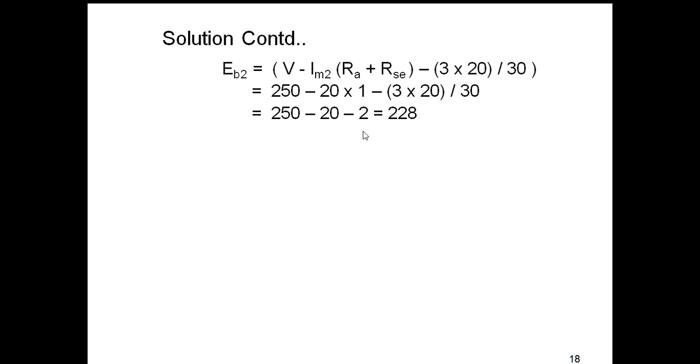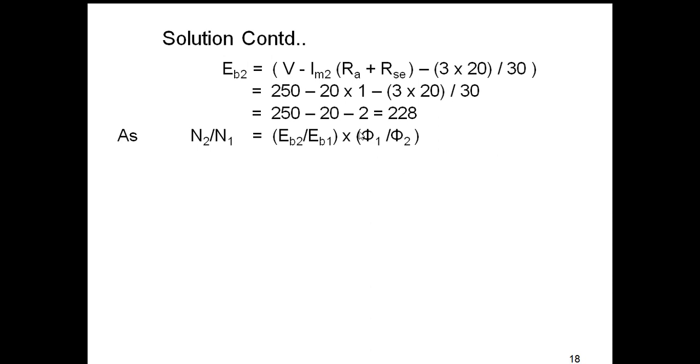From that, we get 250 minus 20 minus 2, which is equal to 228. The value of EB2 is 228.